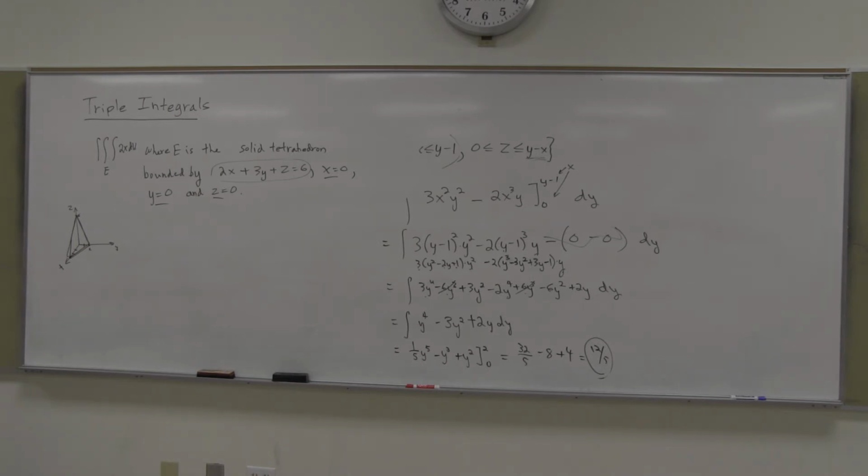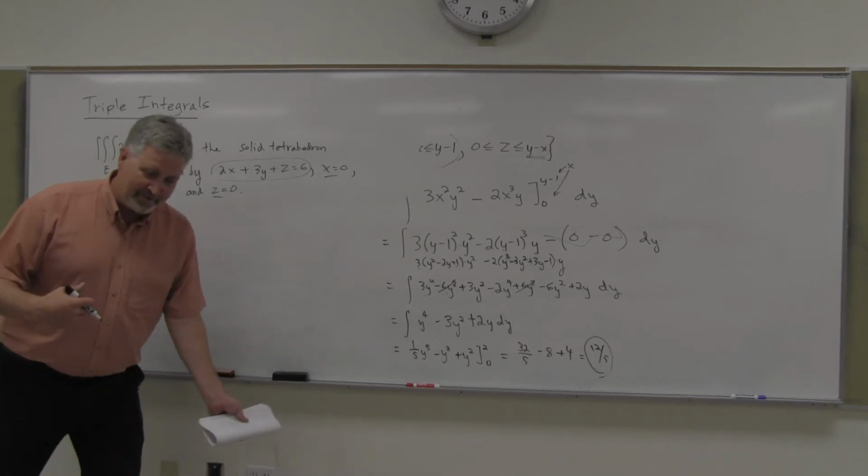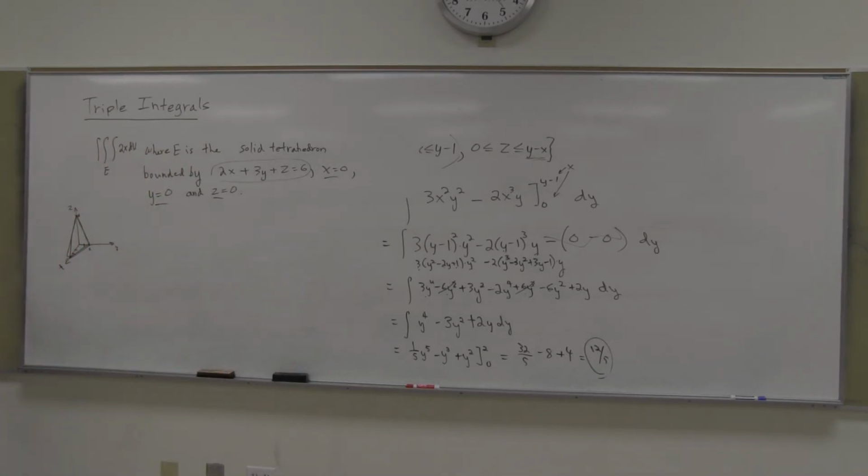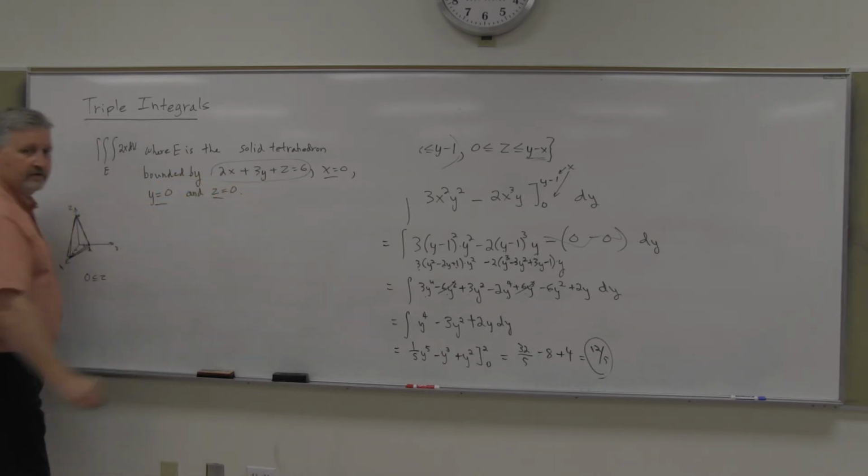So how do I do it? Well, type 1 is the one we're focusing on here. So in type 1, we start with the z's, and so what would my z's go from? Well, it's bounded by this z equals 0 plane, so it goes from z equals 0 up to that plane right there.